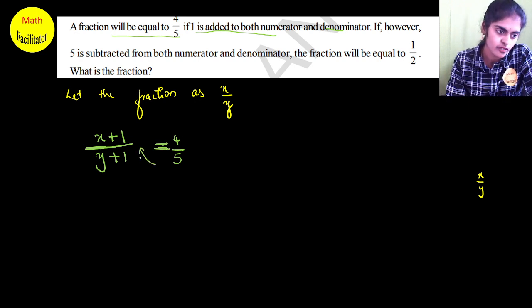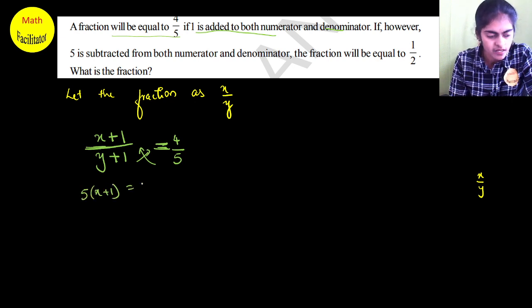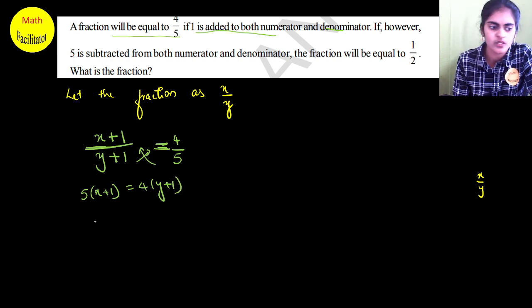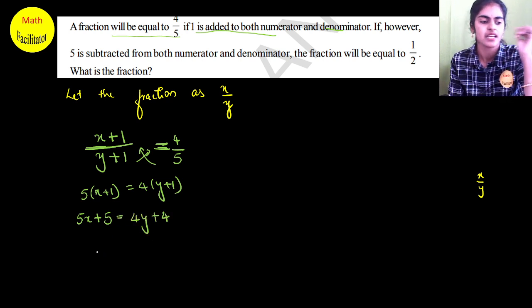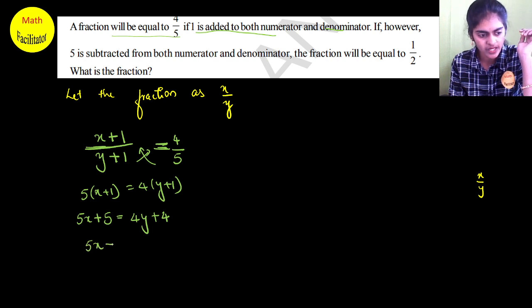Understood? So now cross multiply, you will have 5 into x plus 1 is equal to 4 into y plus 1. Distribute. So 5 into x is 5x plus 5 into 1 is 5 is equal to 4 into y is 4y plus 4. Now taking all terms to one side.